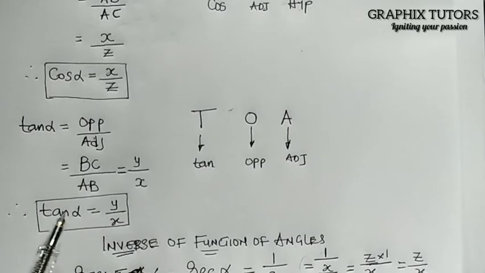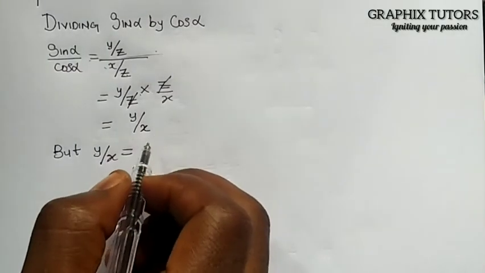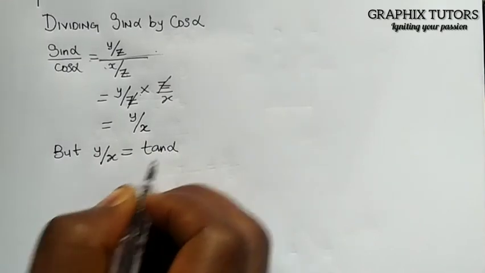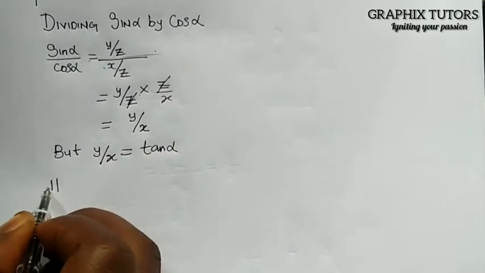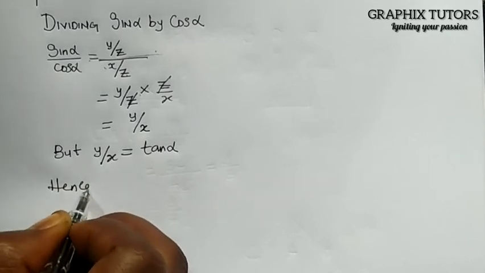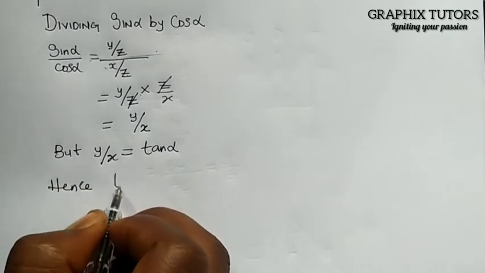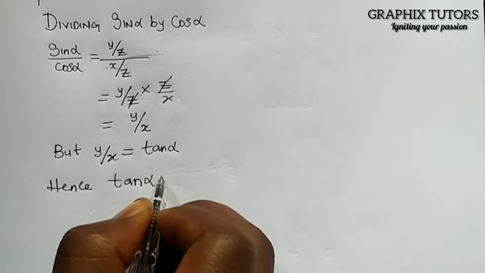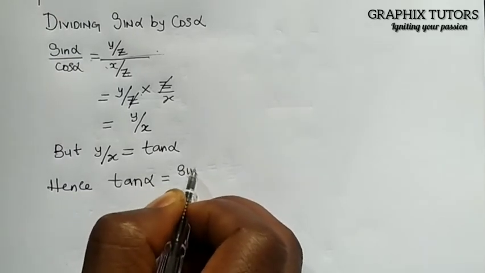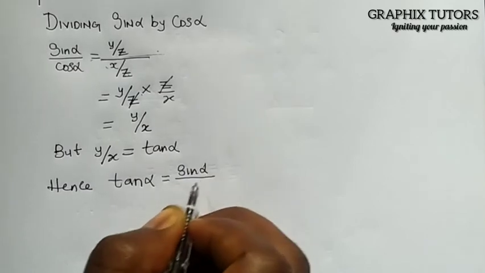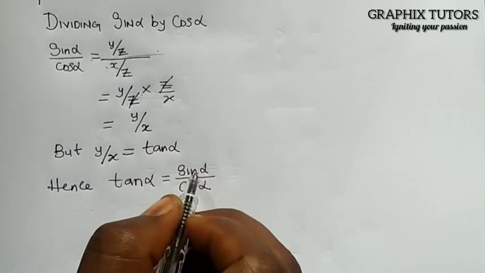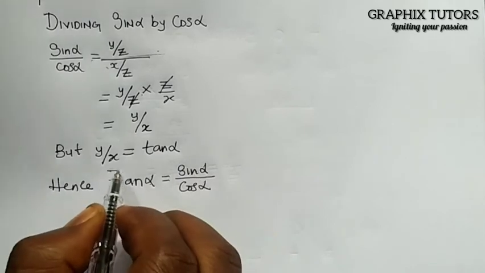Y over x is tan alpha. So hence, whenever you see tan of any angle, it's going to give us sine alpha over cos alpha. If it's tan theta, it will be sin theta over cos theta. So you should know this.